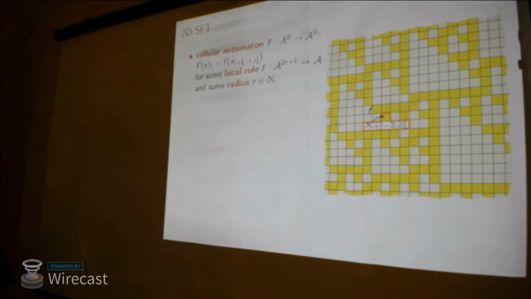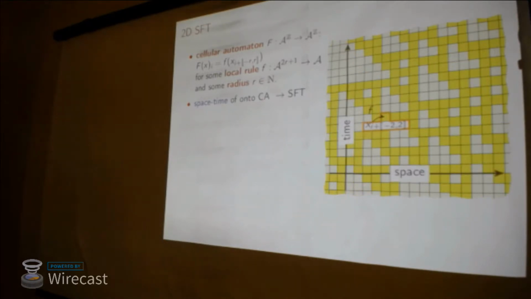This is called a cellular automaton if you apply it in parallel to the whole line. And here, we obtain a two-dimensional subshift of finite type if we apply this in every line. This is the space-time diagram of a cellular automaton.